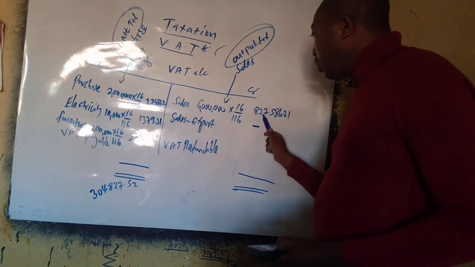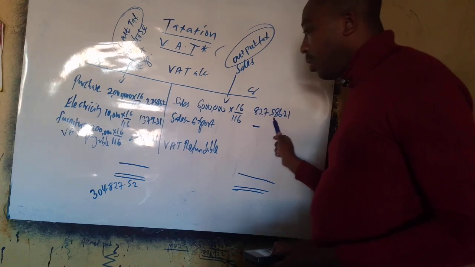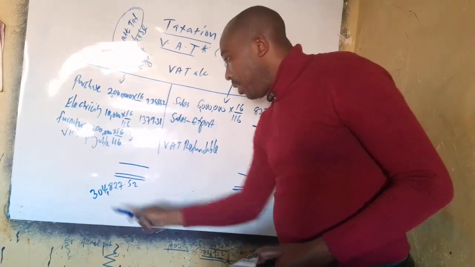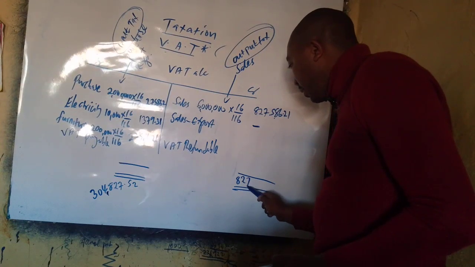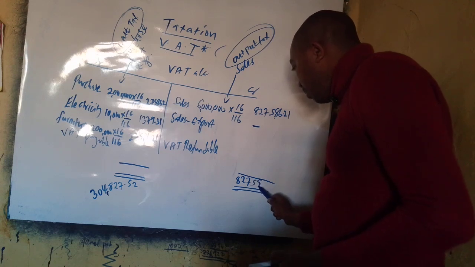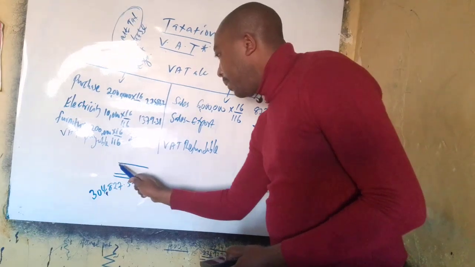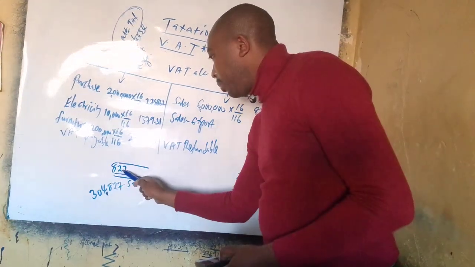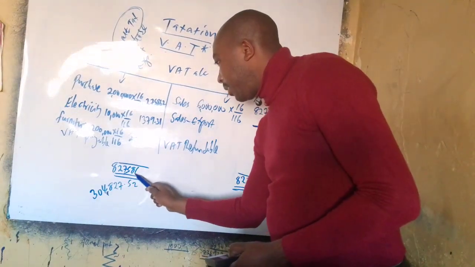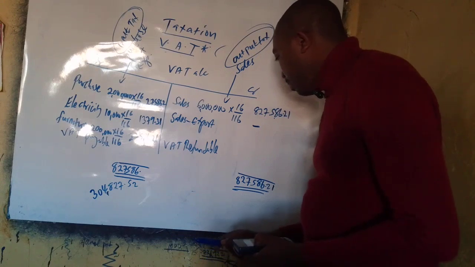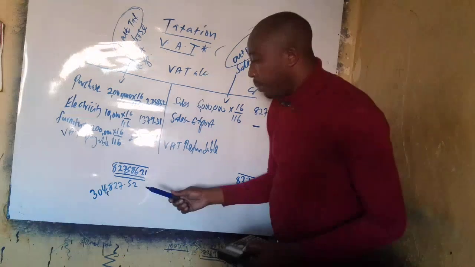So this 827,586.21 is more than 304, and therefore we are going to record 827,586.21 on both sides. Then I balance. How do we balance?